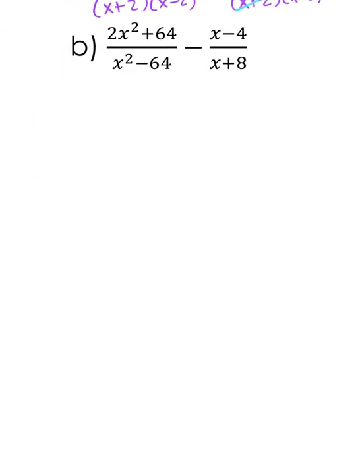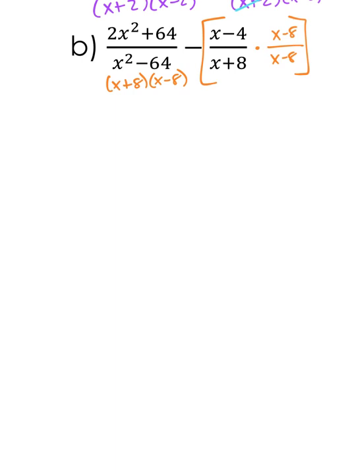All right, for B, same process. Once again, I see that I've got a difference of squares here. So this is x plus 8, x minus 8. Since I already have x plus 8 over here, I am going to multiply by x minus 8 on the top and the bottom.